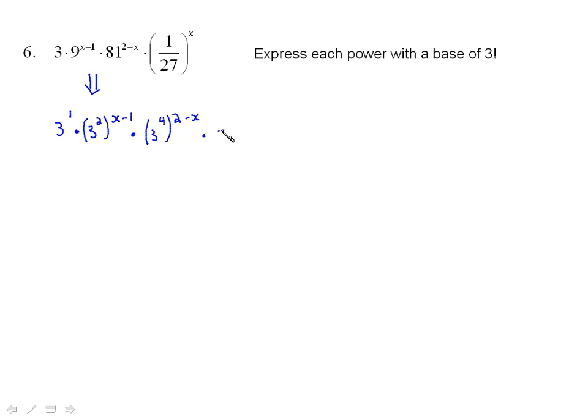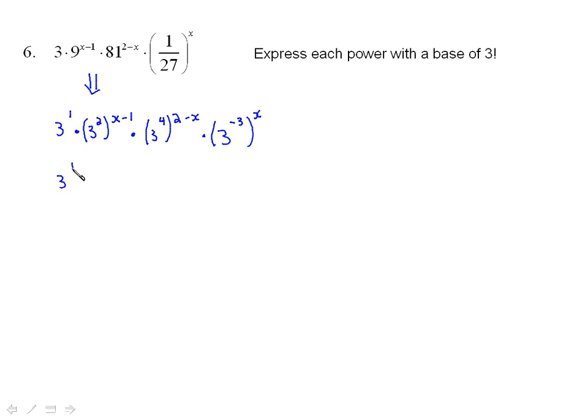And then 1 over 27 needs to be written with a base of 3. You probably can see that this is equal to 1 over 3 to the 3. But we don't want to have 3 on the bottom. This has to be written with a negative exponent, 3 to the negative 3. And if you work backwards, you can see that's correct, right? 3 to the negative 3 is 1 over 3 to the 3, which is 1 over 27.